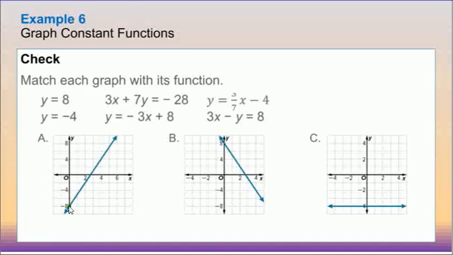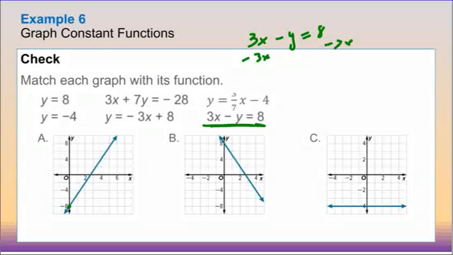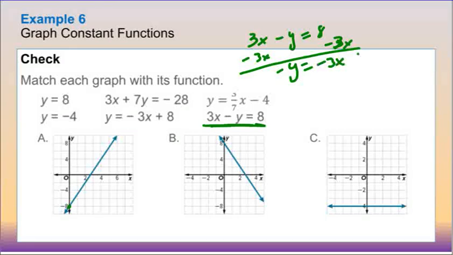But this one possibly could be, so if I rewrite this one, that would be 3x minus y equals 8. I would subtract 3x. Now I'd have negative y equaling a negative 3x plus 8.